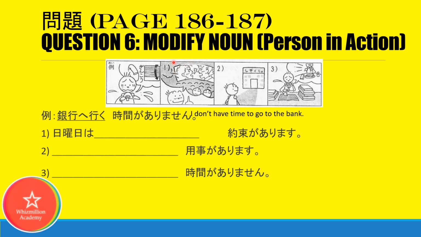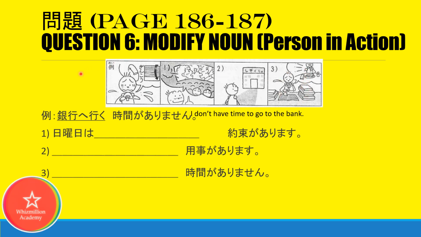And then the first question, there's a person talking about watching a movie with a friend. The second image is a person looking forward to going to Shiyakusho. And then the third image is a person working and thinking about eating. Thinking about having a meal.